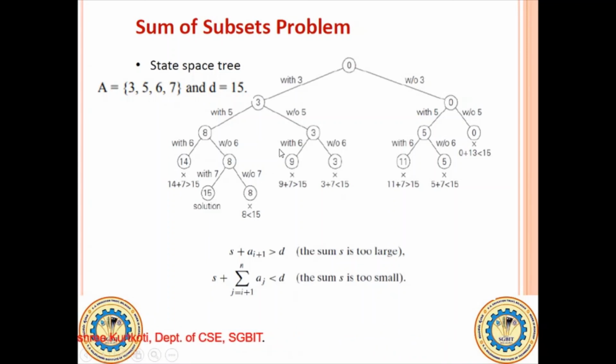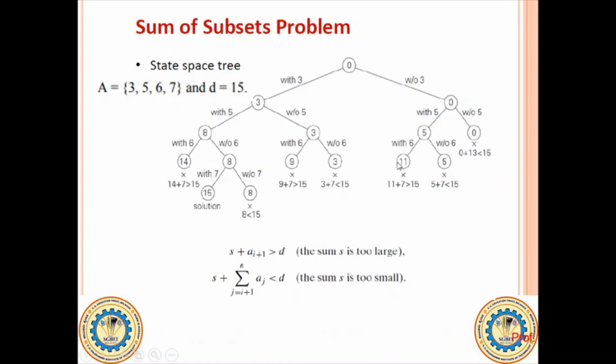We will be checking for some more solutions. Let us see that here. So first, the possibility of without 3. Yes, so here let us not consider 3 only. So check for 5, with 5, without 5. Next, with 6, without 6. So this is how we are going to make the solutions. Here with 5, the sum will be 5.